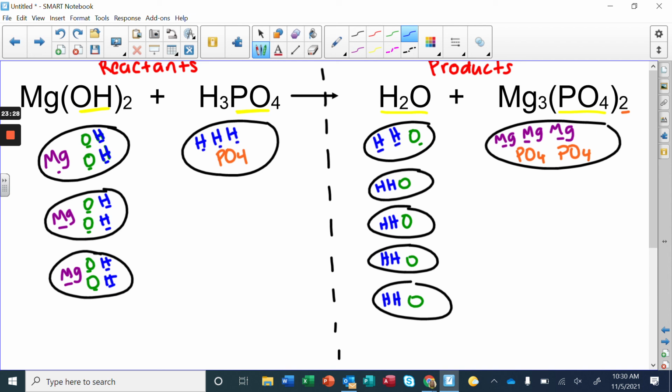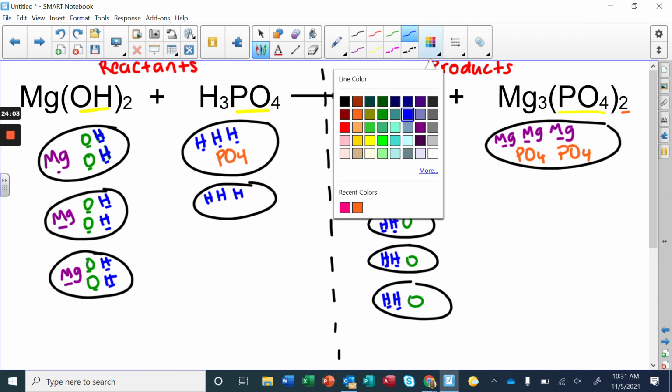I have 1, 2, 3, 4, 5, 6, 7, 8, 9, 10 hydrogens here. Which means I need to add more hydrogen. I'm going to add more hydrogens to the reactant side because that's where I'm missing one. So I'm going to add a bubble. We have 1, 2, 3, and then our PO4.